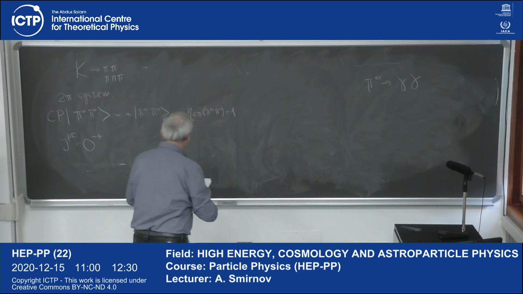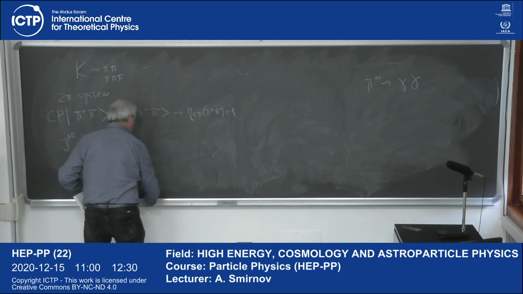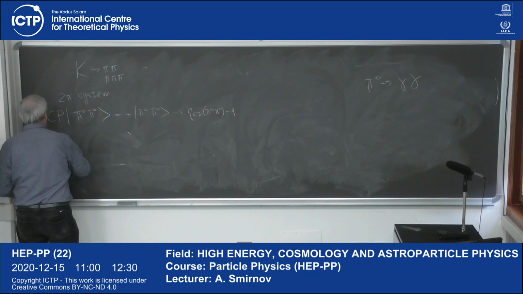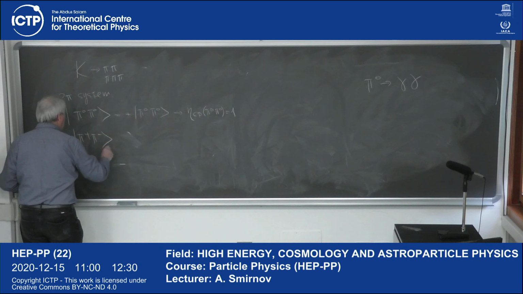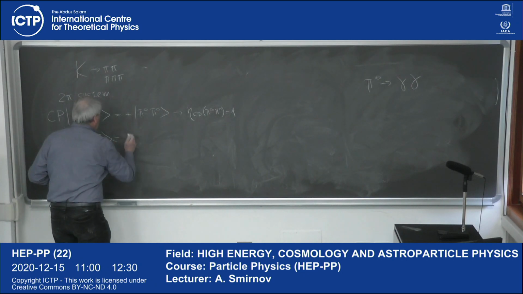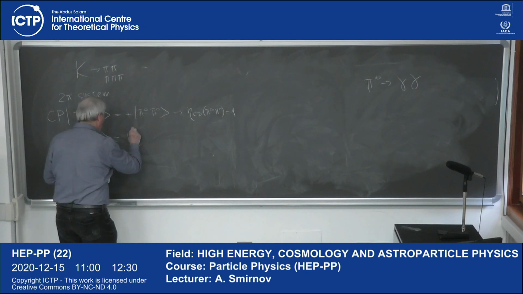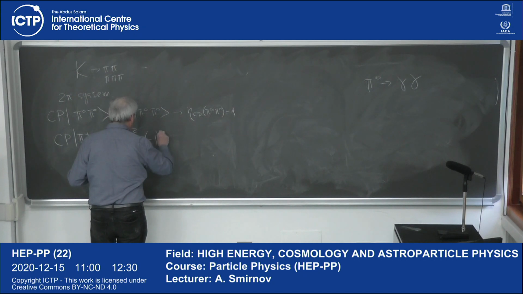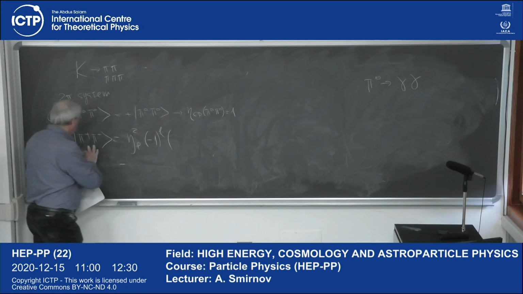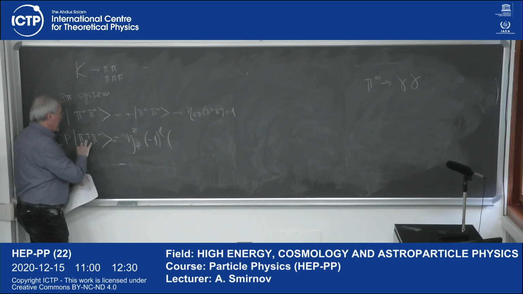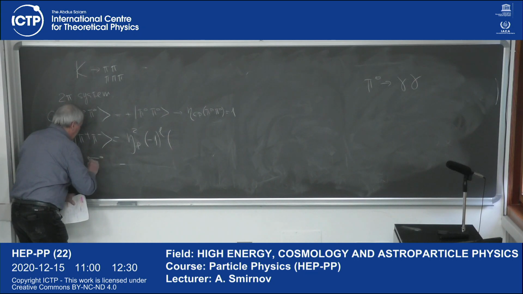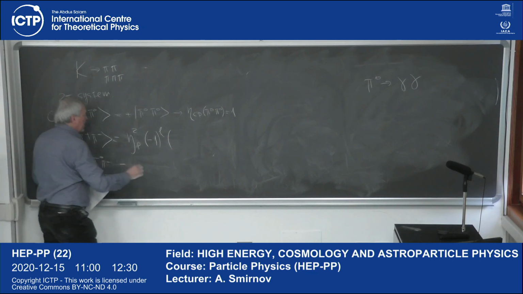Agree? Now we can consider also CP of charged pions. CP of pi plus, pi minus. What is this? It's given by the eta parity squared of each of the pions. It also has minus 1 to the L due to the exchange of pi plus and pi minus. Both parity and CP interchange pi plus and pi minus. So we have this system, pi plus and pi minus.